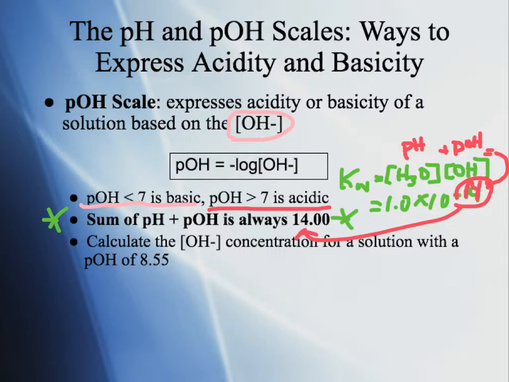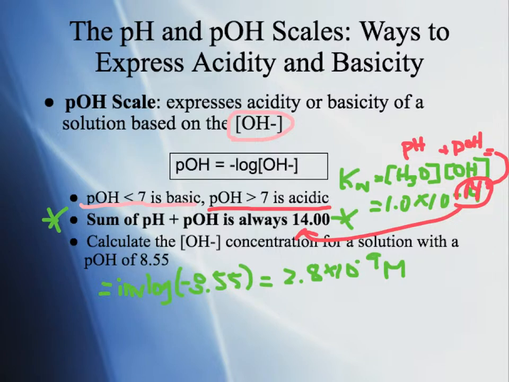Well, now here we're given our pOH, and we have to figure out what the concentration or the molarity of our hydroxide ion is. And so basically we just take the inverse. So you can just, in your calculators, push inverse log of negative 8.55 and push equals. And what you'll get is 2.8 times 10 to the negative 9 molarity.